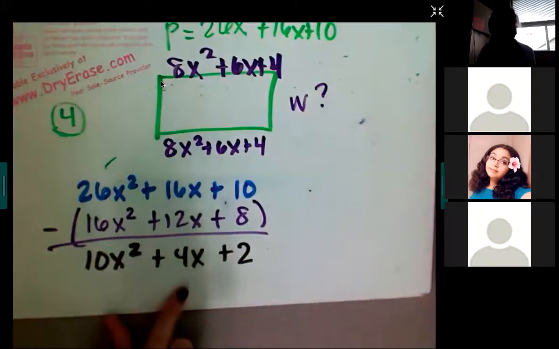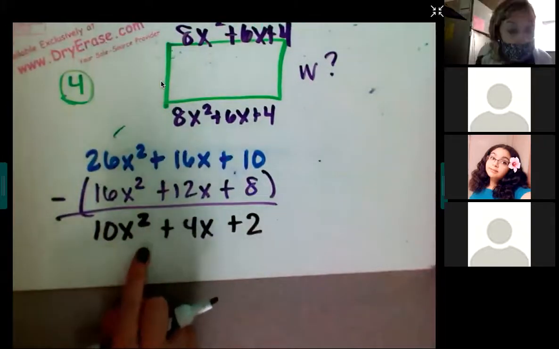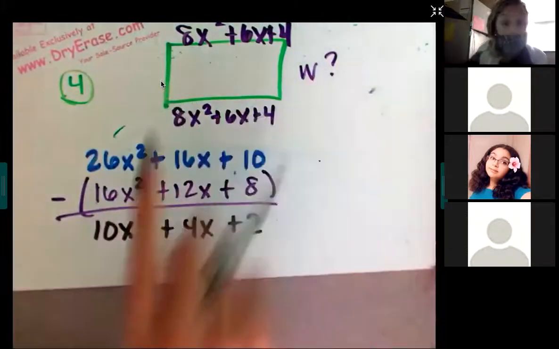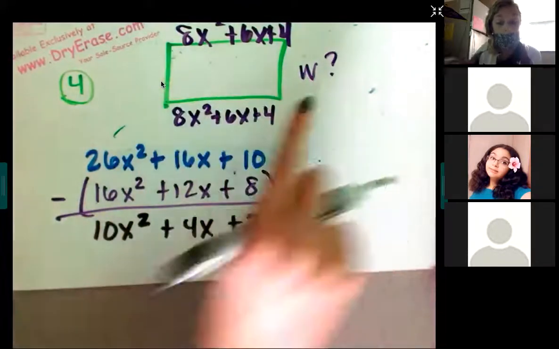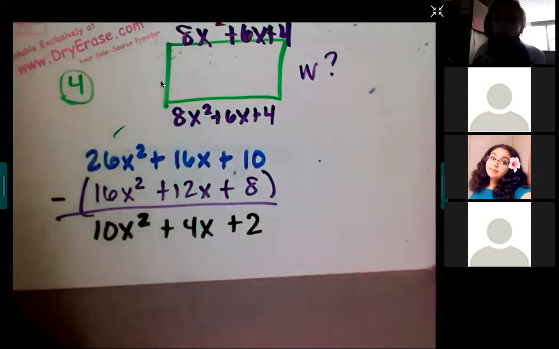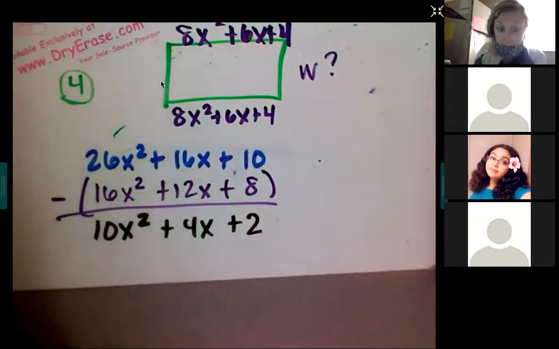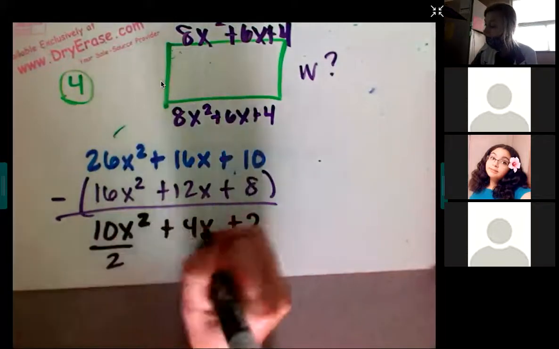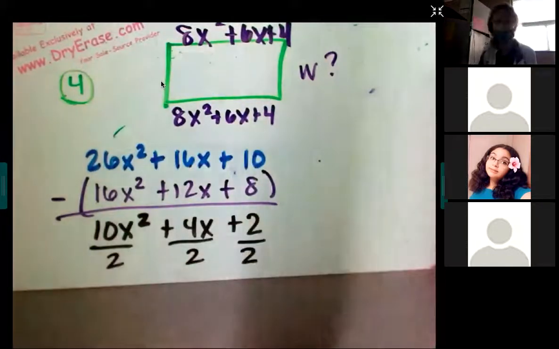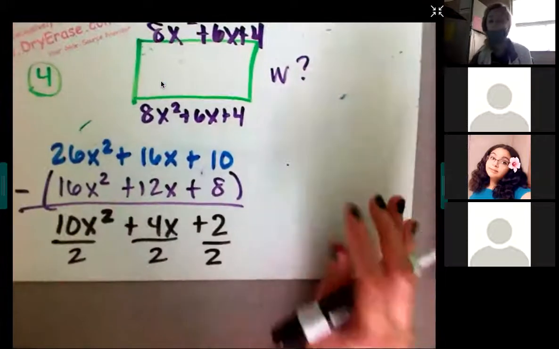This is how many widths? 1. This one is 2. I only want 1. I didn't say find the widths. I said find the width. So if this is 2 and I only need 1, you guys just said, okay, divide that by 2. So somebody tell me what the width would be.